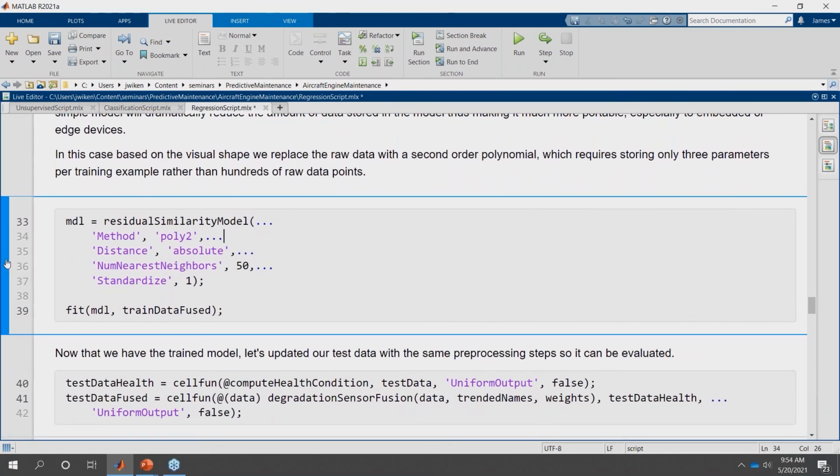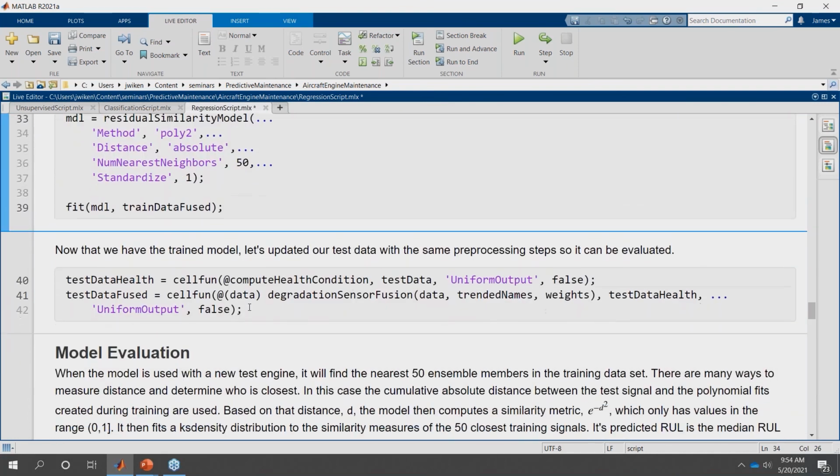Now, if you are familiar with KNN models, it's a very similar idea where it compares to a number of nearest neighbors, but instead of comparing to specific points, this model compares to other time series, so we're comparing to other curves.